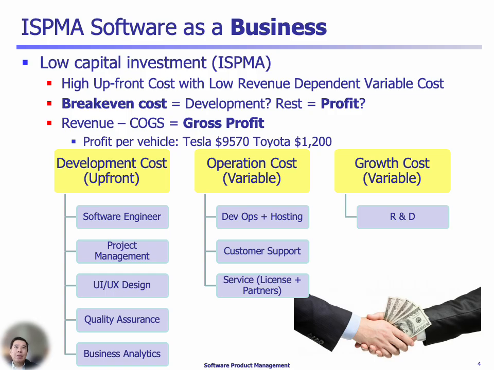Now, in a software business, you have different types of capital investment. The main capital investment is on development costs. Development costs here are for software engineering, project management, UX design, quality assurance, and business analytics.